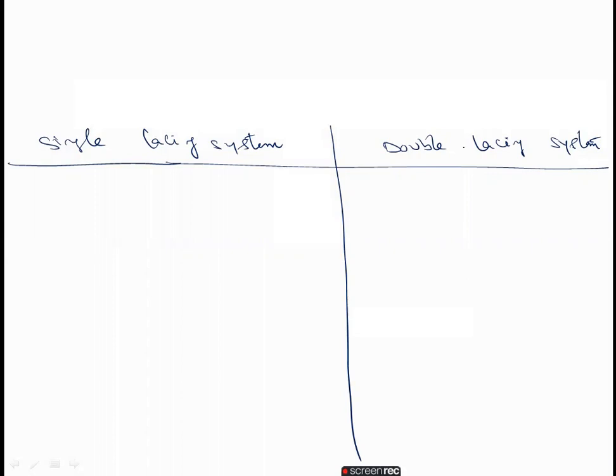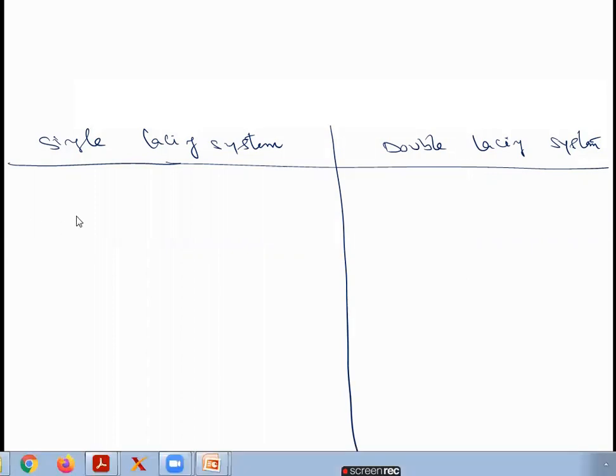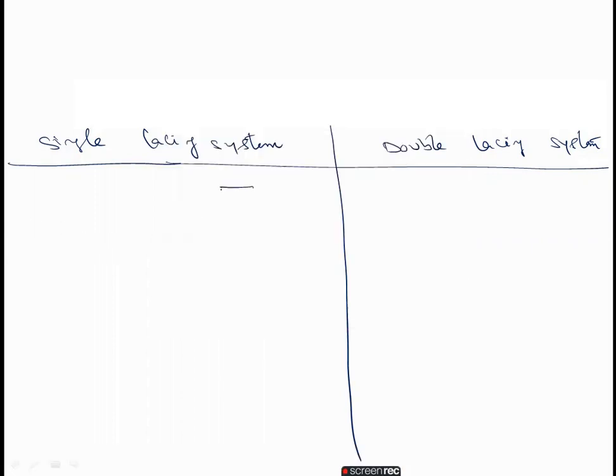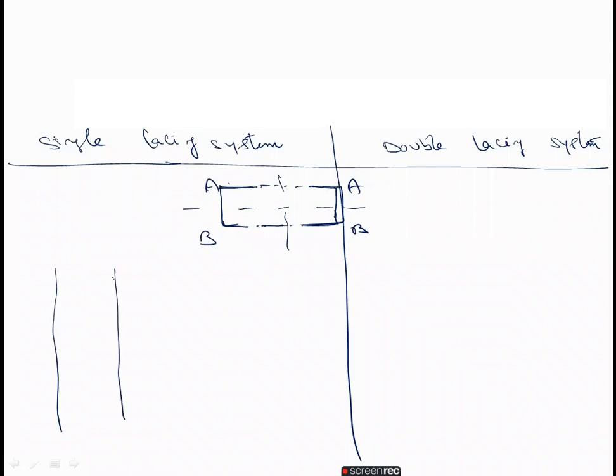Suppose I take a section like this, how will we provide the lacing? This is A and also B. This is our member. On the A side, how will we provide the lacing?